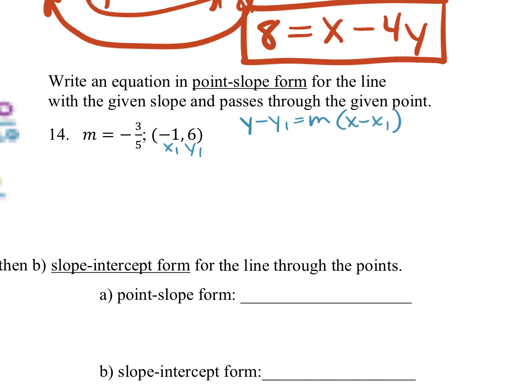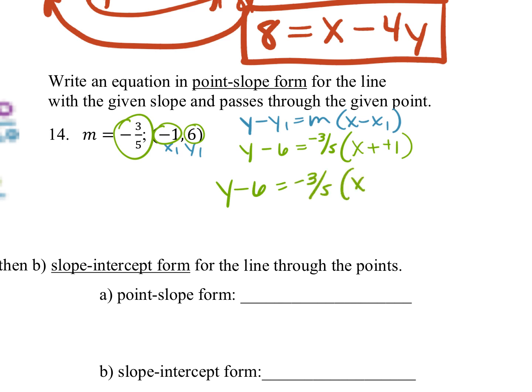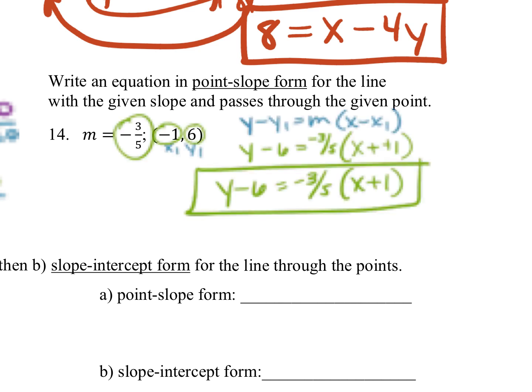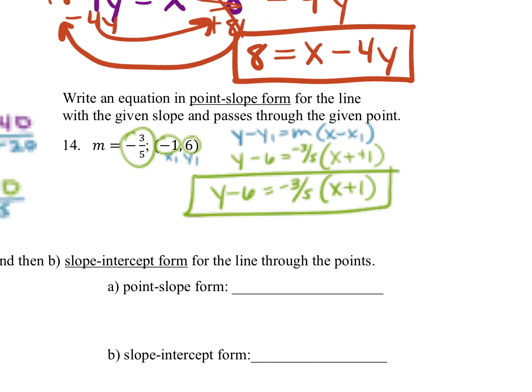And if I plug into that, it is y minus a 6 equals the slope, negative 3/5, and then x minus a negative 1, which will be plus a positive 1. So your best answer is y minus 6 equals negative 3/5 times x plus 1. And that is it. Okay, point slope form.